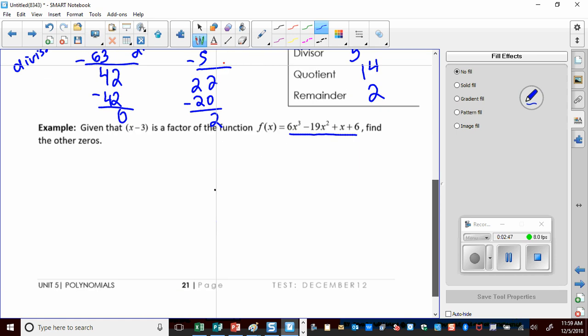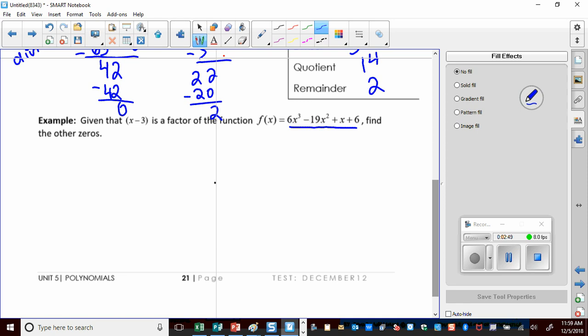So how do you do that with binomials and polynomials? Well, you just set yourself up. We got x minus 3. Here we go. Right? And then we have 6x cubed minus 19x squared plus x. I like to put plus 1x plus 6, right?